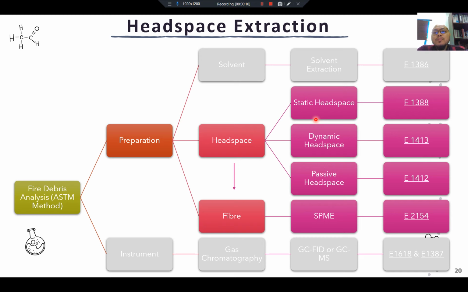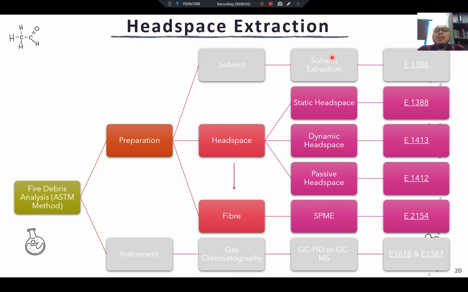Before that, I forgot to explain something. In the beginning, they developed the extraction method using solvent extraction, but because of the problem with interference, they wanted to isolate the analytes of interest from the solvent matrix.